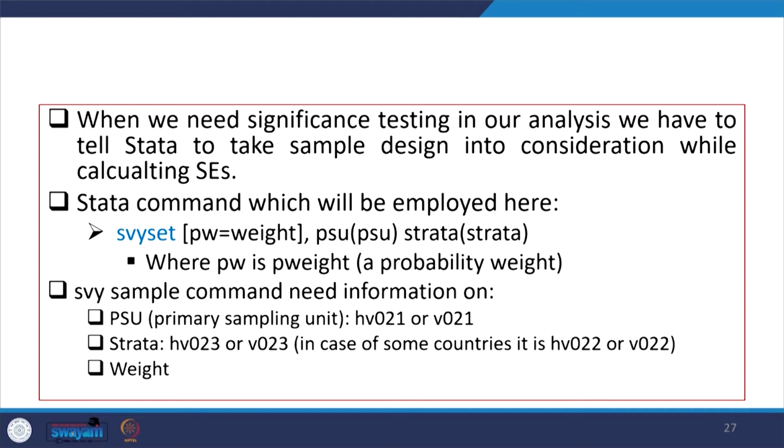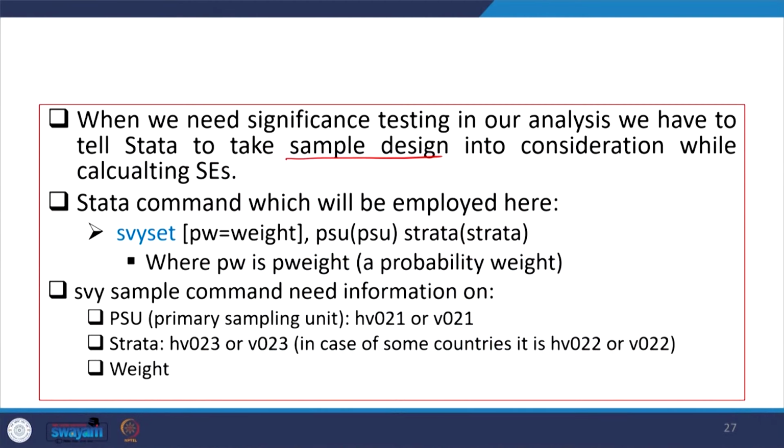When we need significance testing in our analysis, we have to tell Stata to take the sample design into consideration while calculating standard errors. Standard errors might be high if you do not consider the sample design weight. If you simply go by I weight, it might not correctly reflect your result. It might give you underestimation.